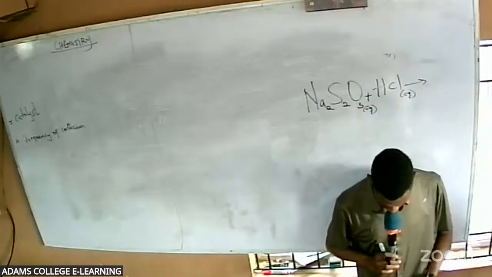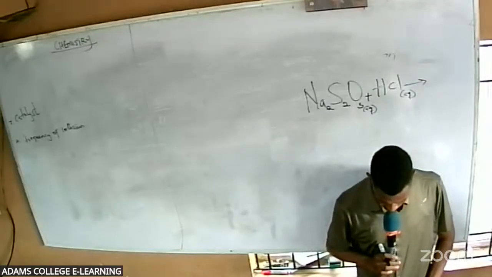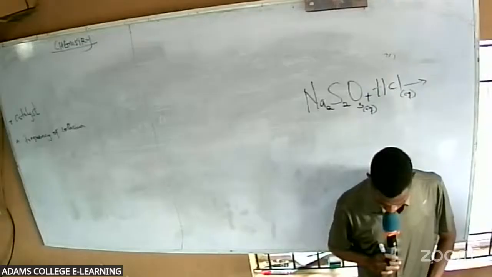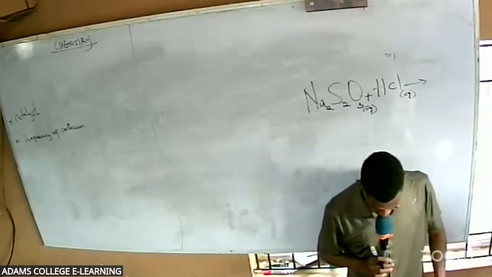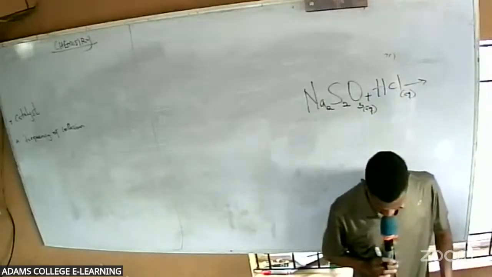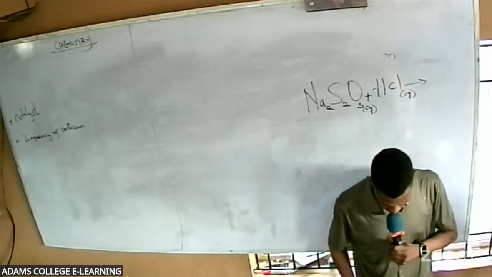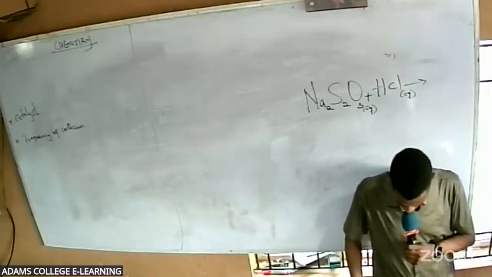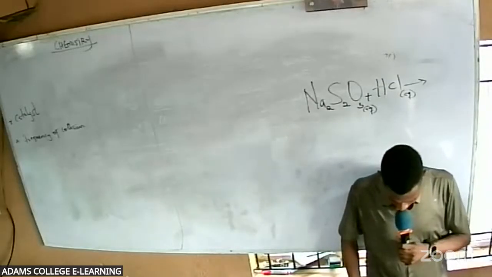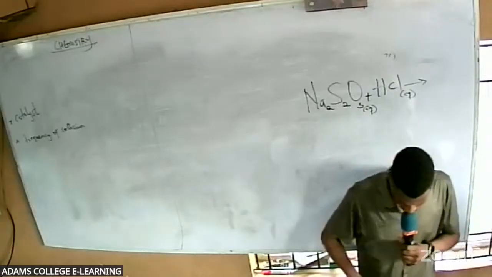Now, this one says, in the preparation of oxygen by heating KClO3 in the presence of MnO2, only moderate heat is needed. Like I said, let your attention be on this voice. In the preparation of oxygen by heating what?